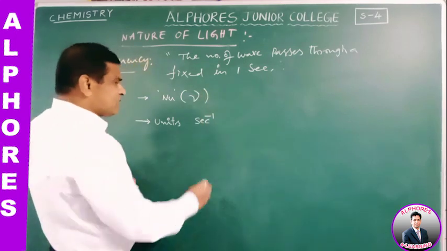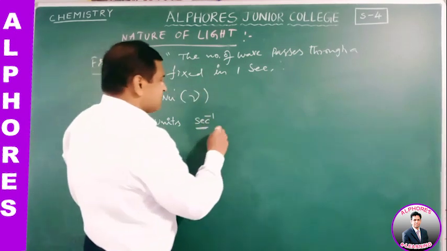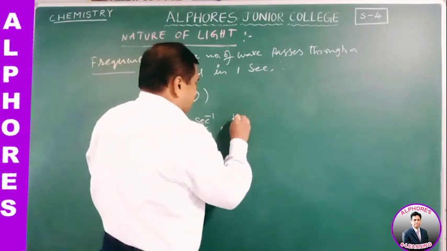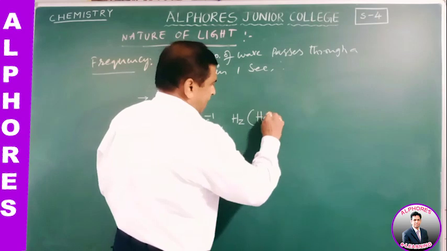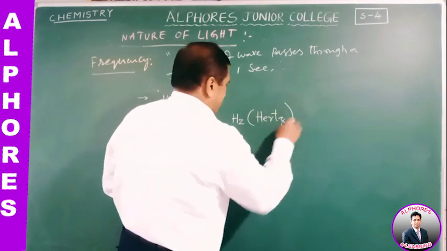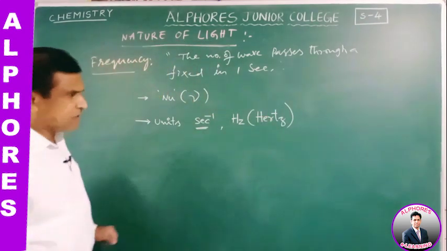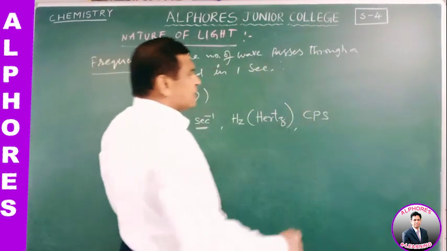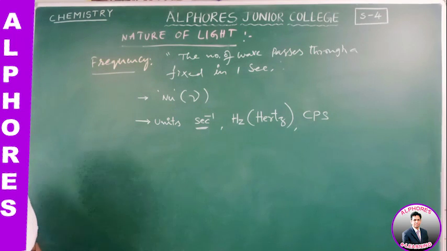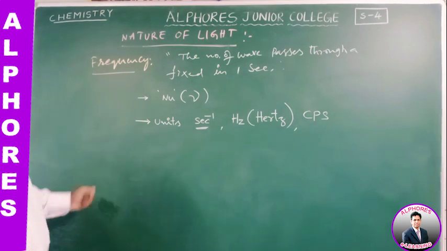That is, SI unit is per second. That is nothing but Hz, that is hertz, or we can say cycles per second, CPS, that is frequency of the light.